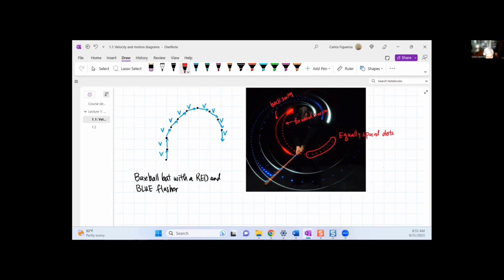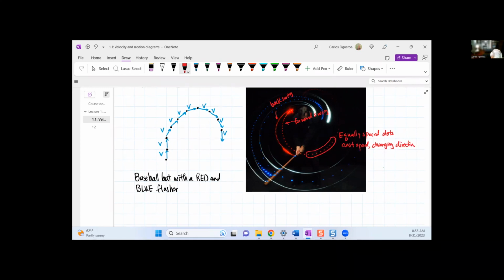Therefore, it must be moving at a constant speed, but at the same time, constantly changing directions. So this shows constant speed, but you can clearly see the dots are changing directions. So therefore, I have changing directions.